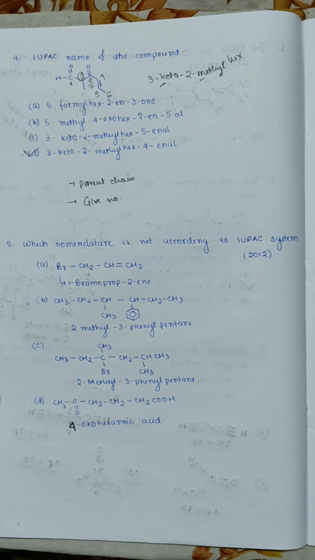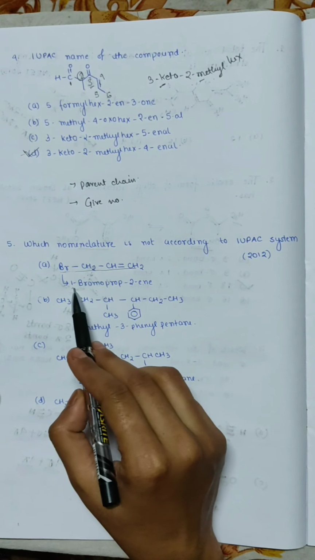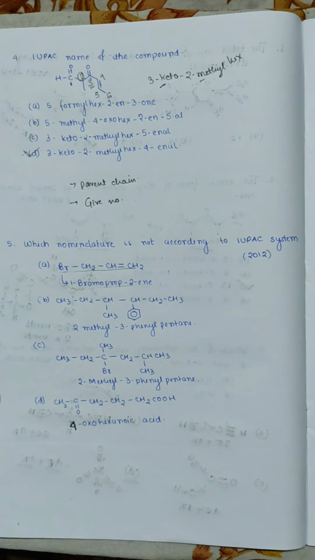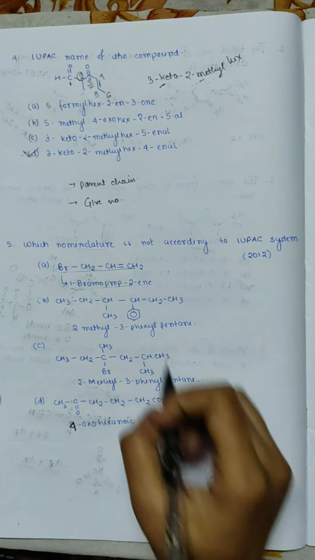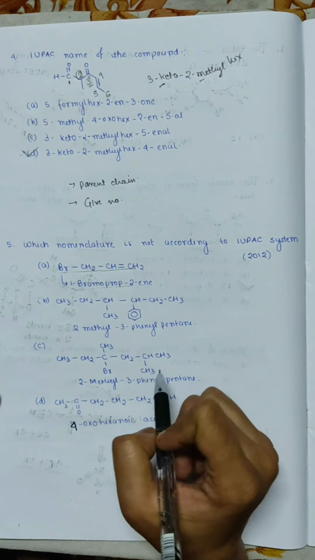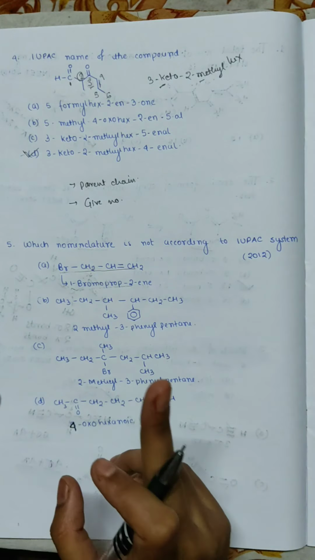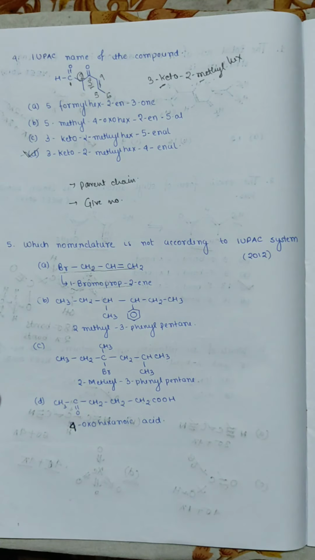Coming to the next question, which of the nomenclatures is not according to the IUPAC system? Option A has the IUPAC name 1-bromo-prop-2-ene. Let me see whether this compound has the right IUPAC name assigned to it or not. I first have to look for the longest carbon chain, which will be assigned as the parent chain.